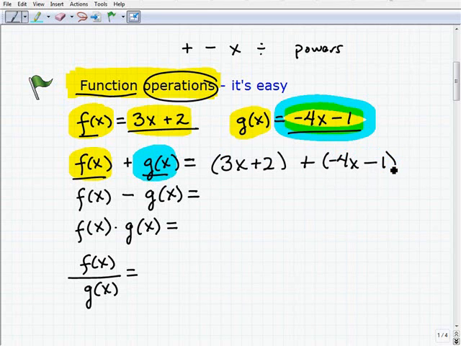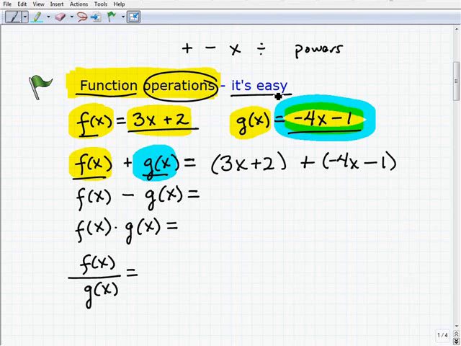It's very logical. Okay, so these function operations aren't difficult, and I think they're actually rather easy. There are some pitfalls, and we're going to talk about them in a lesson, but that's basically all we're going to be doing here, is combining two functions, just as I did here, in some manner, and simplifying them.